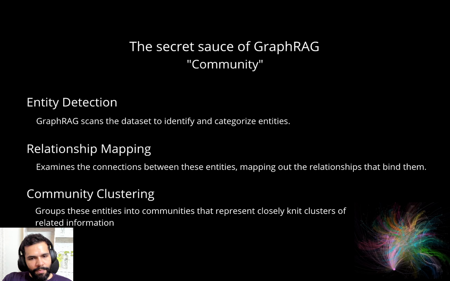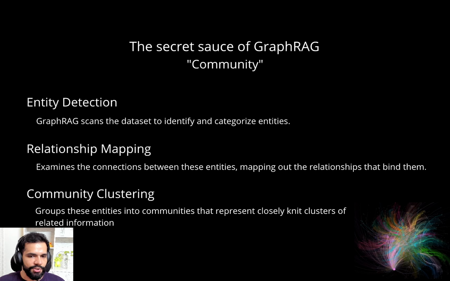So how does it work? It works in 3 steps. First, we do entity detection, in which GraphRAG scans the dataset to identify and categorize those entities. Next is relationship mapping. It then examines the connections between these entities, mapping out the relations that bind them. How do 2 entities relate to one another?